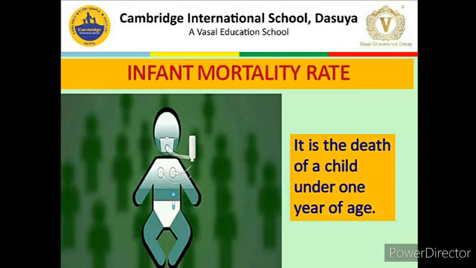Important index to determine health of the population is infant mortality rate. Let's understand the meaning of infant mortality rate first. Actually, infant mortality rate is the death of a child under 1 year of age.